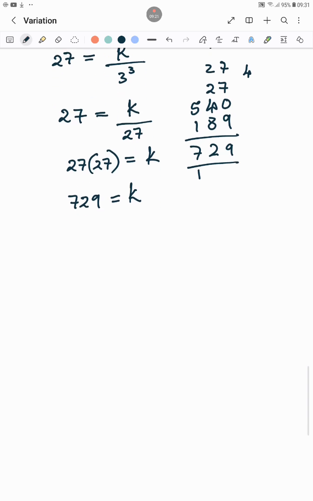So now your equation will look like this: P is equal to 729 over Q cubed.